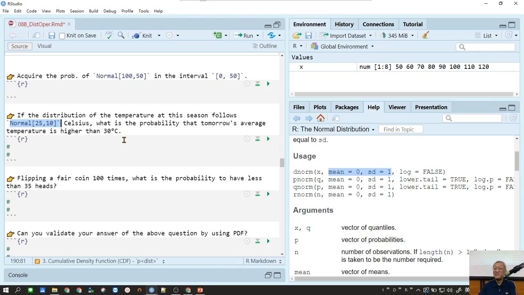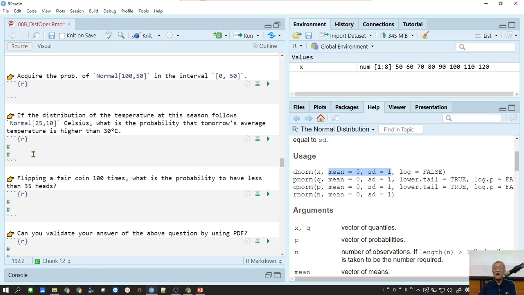You know the temperature distribution, okay? And you want to know the probability that the temperature is higher than 30. Okay? So how to do that?